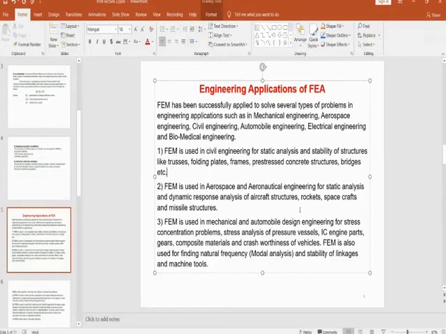Whereas in some racing cars and also in bus bodybuilding, they will be using composite materials, because composite materials are cheaper and also have a very good strength to weight ratio. Okay, means they are very light in weight and have very high strength. That is why composite materials are widely used.